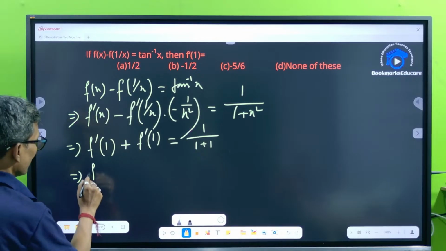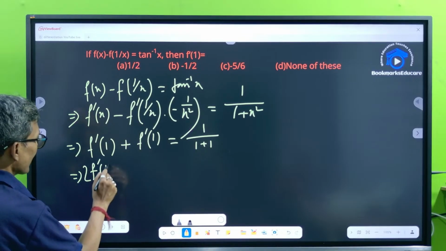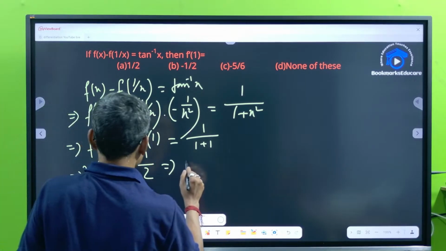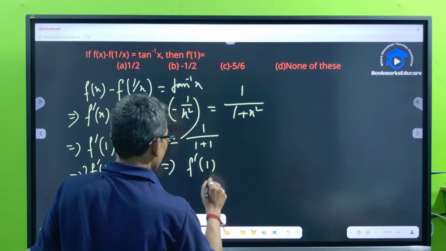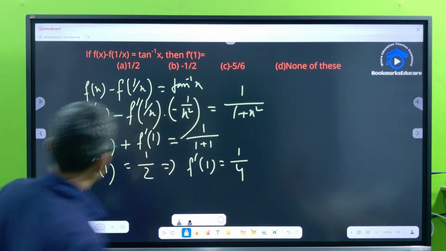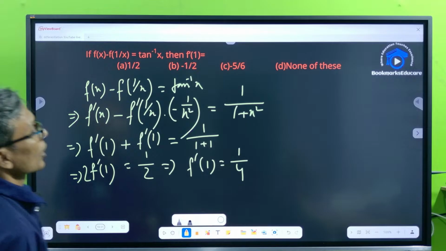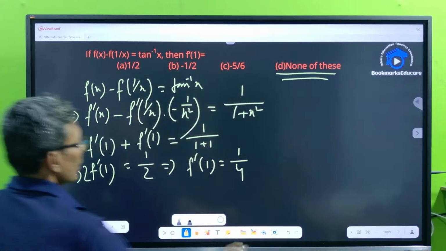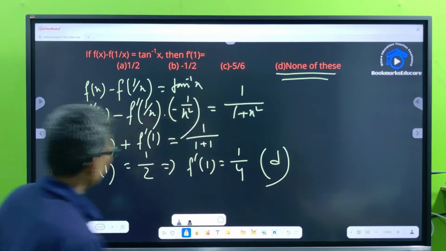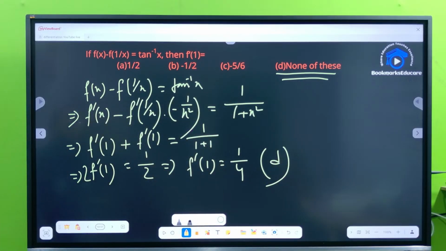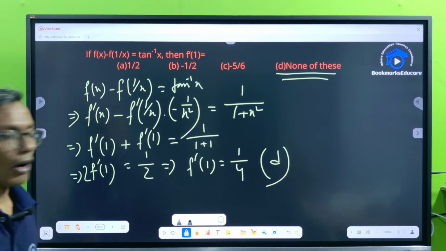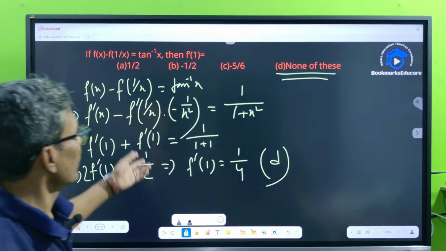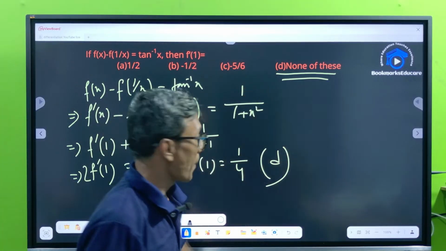So 2 into f dash 1 is equal to half. So f dash 1 is equal to 1 by 4. So the option is none of these. So the required value of f dash 1 is 1 by 4 and the option will be D.